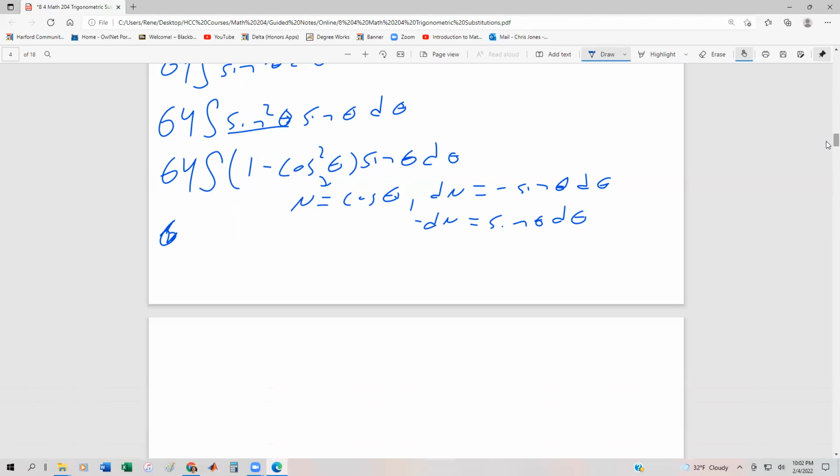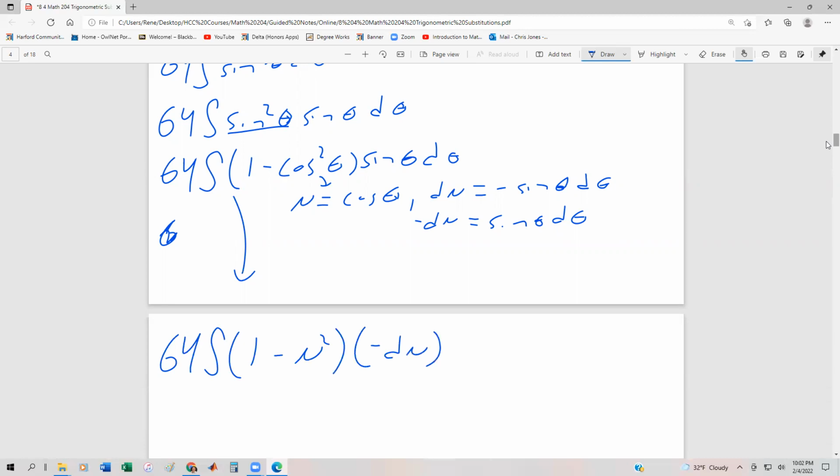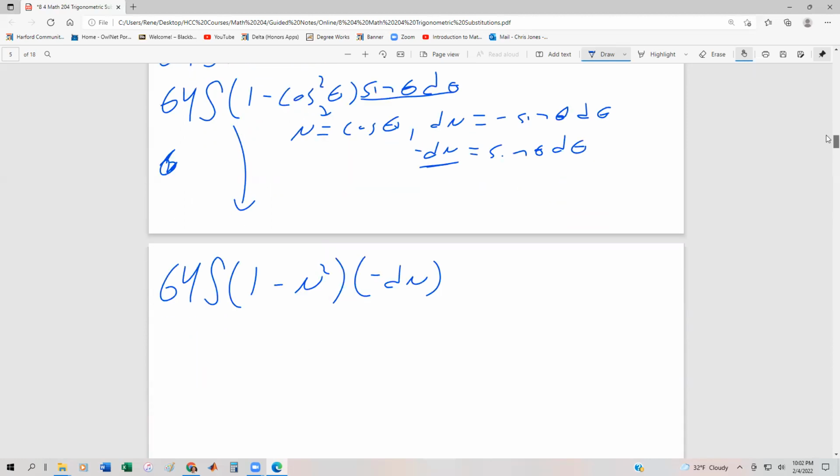So now substituting into our integral, we have 64 integral of 1 minus u squared times negative du, just by doing the substitution. So sine theta d theta is negative du, and then this just becomes u squared. We can factor the negative out, and we get negative 64 integral of 1 minus u squared du.